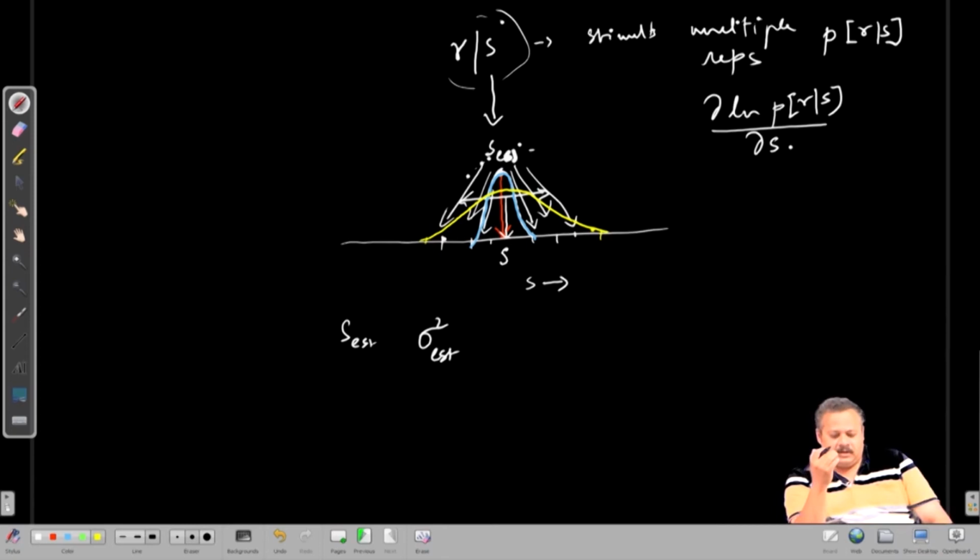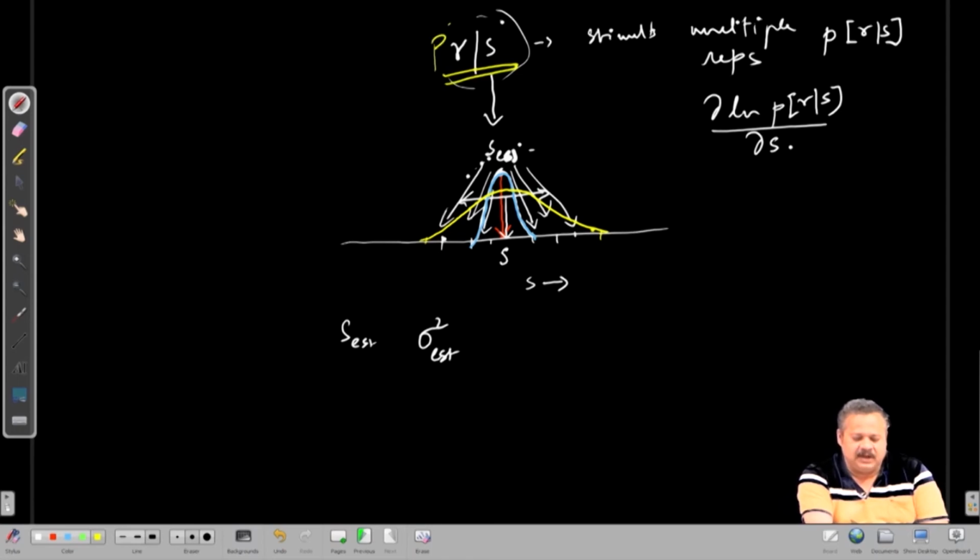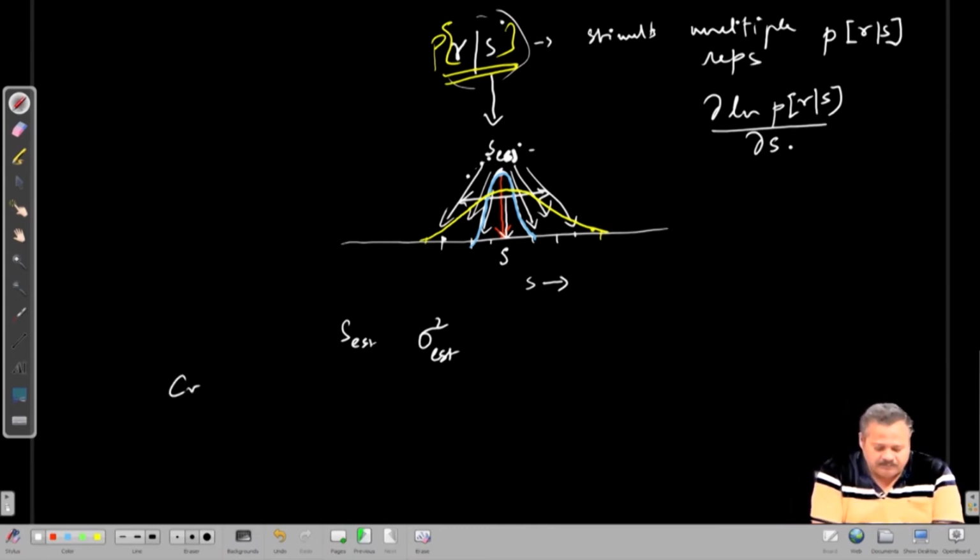This whole thing is being determined from P of R given S. There is a minimum variance that is associated with an estimator that is given by the Cramer-Rao bound.